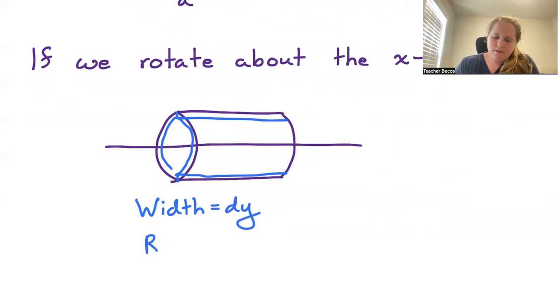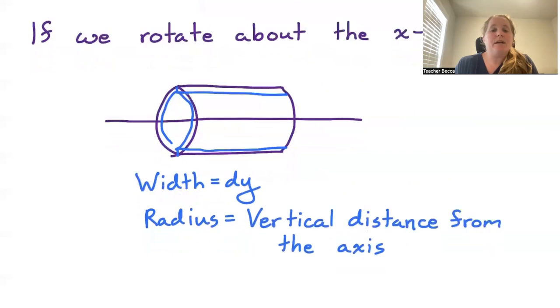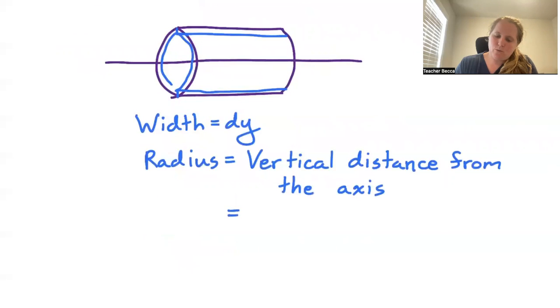The radius will be the vertical distance from the axis. Our radius should be a function of y here.